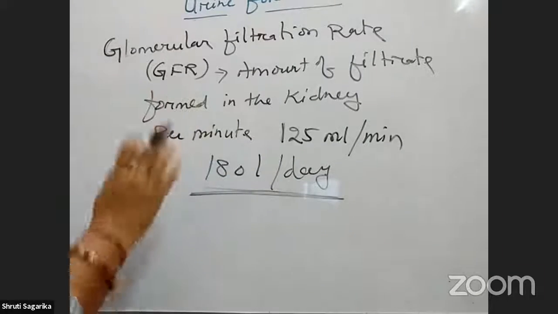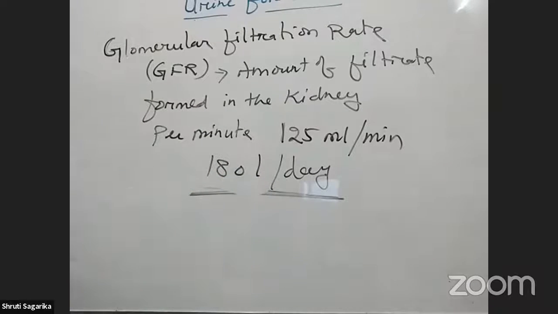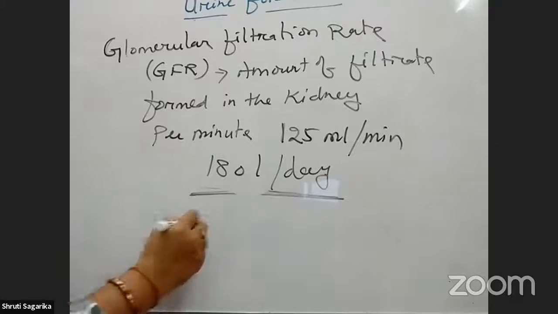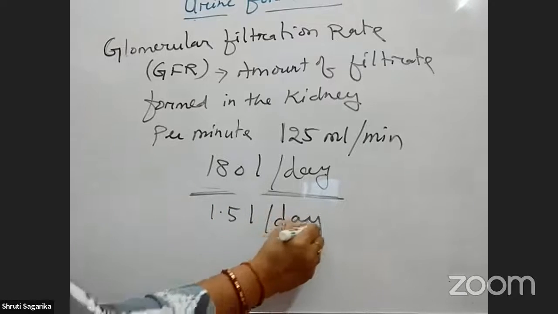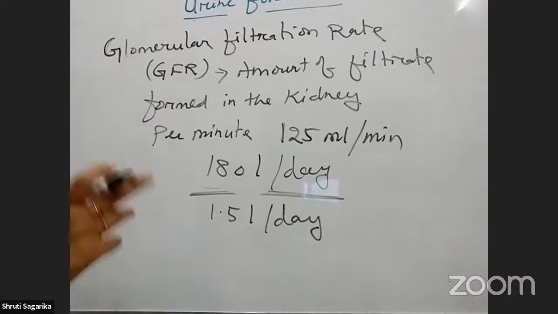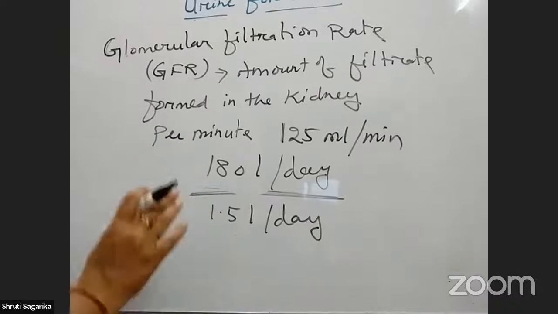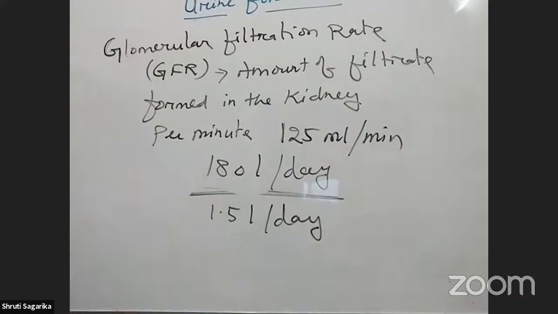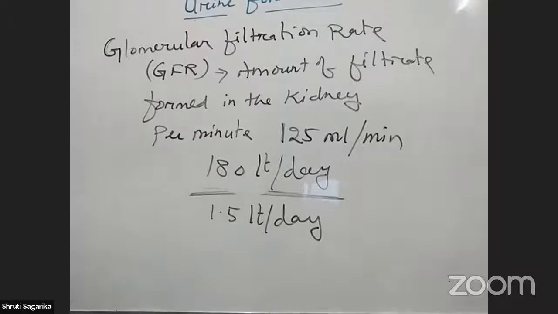We would have been dying if we removed 180 liters of the water or urine from our body per day. So actually, the urine which is released per day is 1.5 liter per day. The urine which is released from normal human body is 1.5 liters per day.